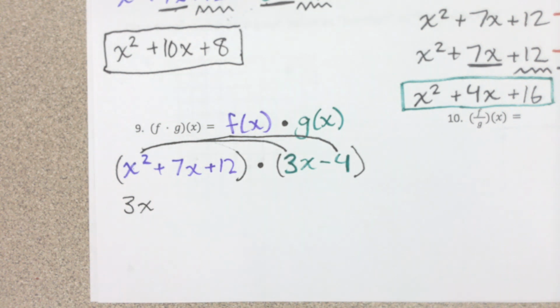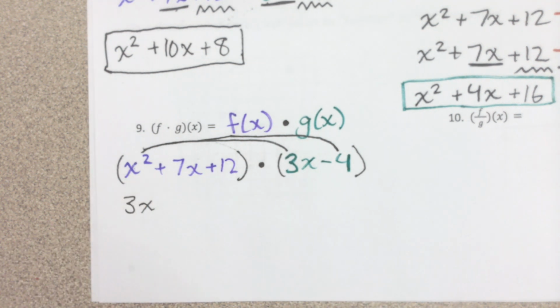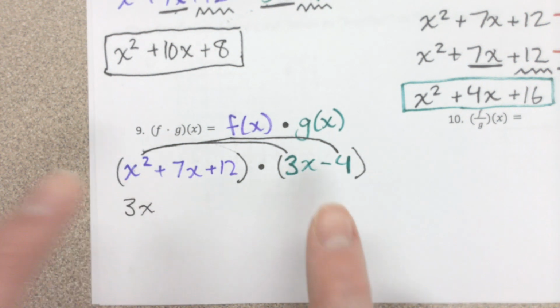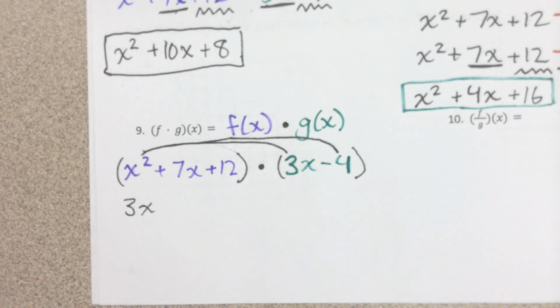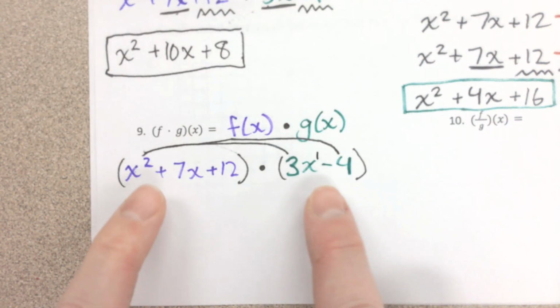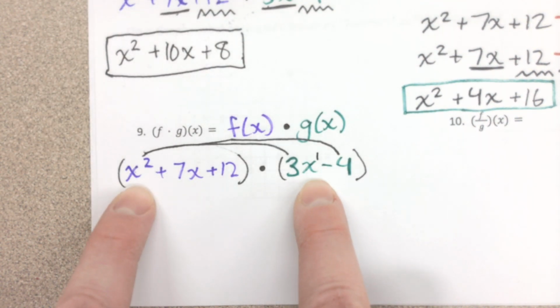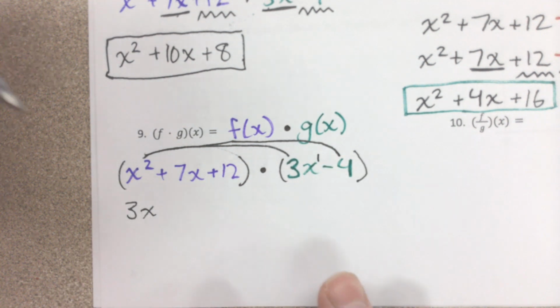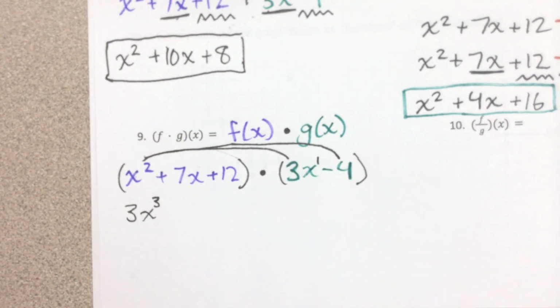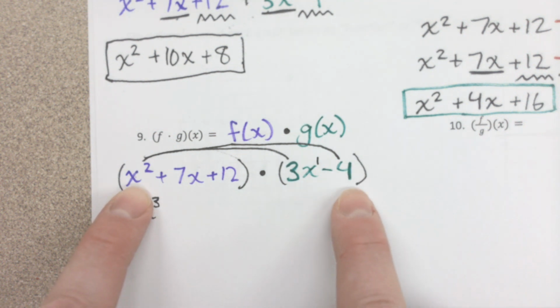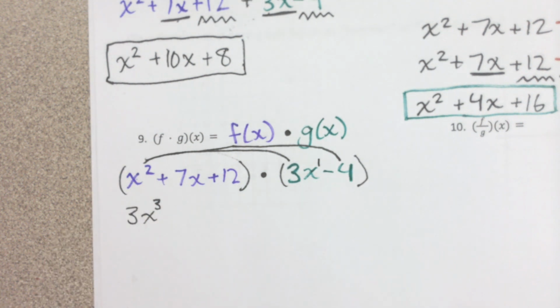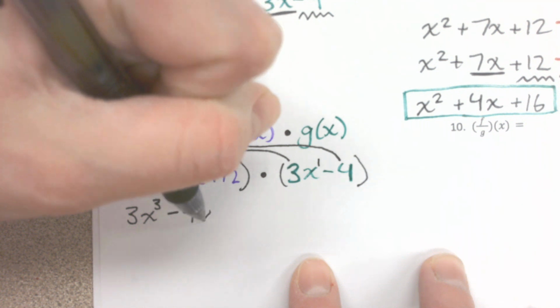Remember, when you multiply x's together, you're actually just adding the exponents. So this becomes x cubed. x squared times -4, we just throw those together: negative 4x squared.